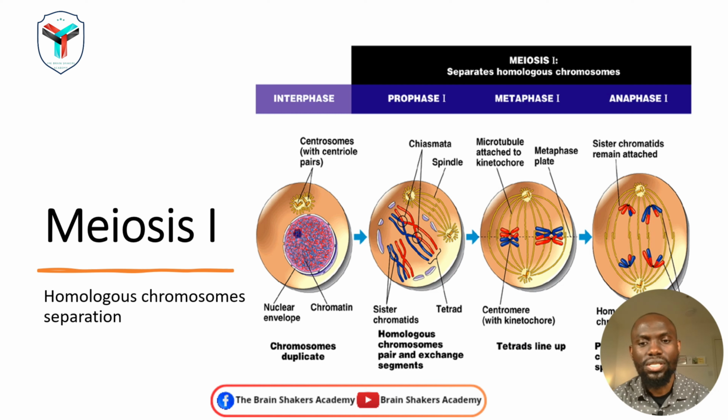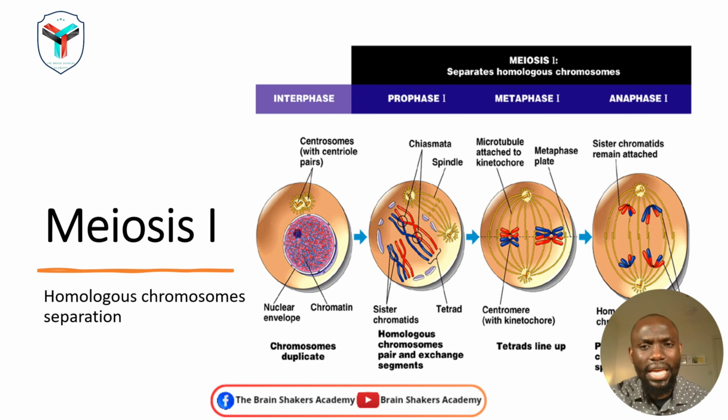Those homologous chromosomes have to be separated before the cell can complete the second division through meiosis 2, which houses the separation of sister chromatids. So the cell still undergoes the interphase, prophase, metaphase, anaphase, telophase, and cytokinesis, to be able to separate the homologous chromosomes before it transitions to meiosis 2.